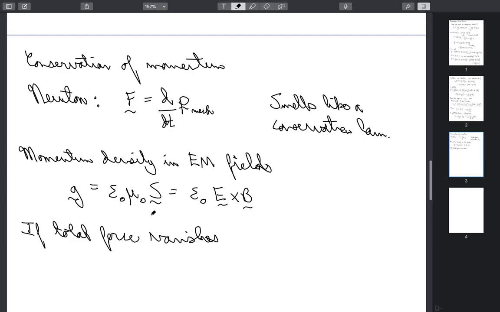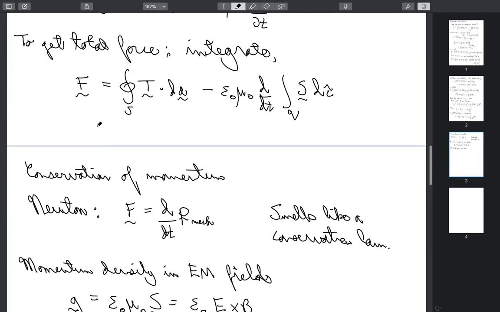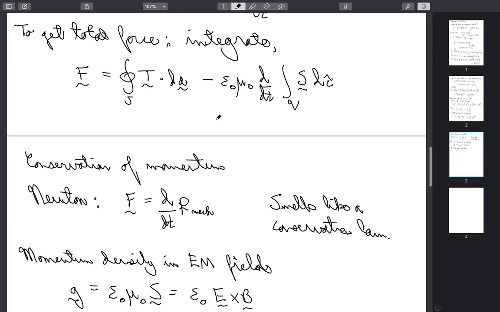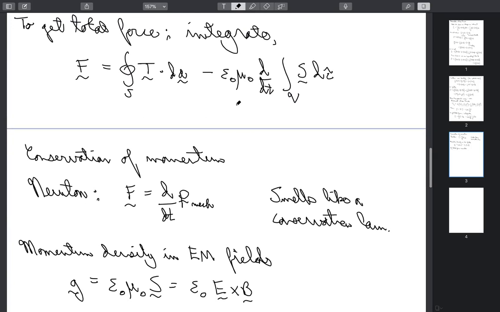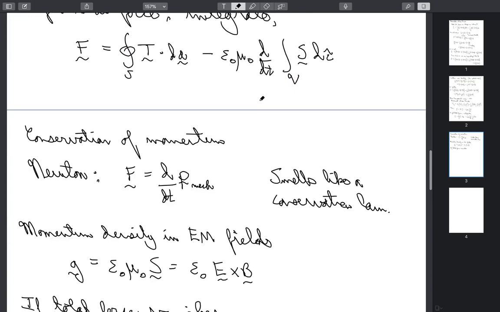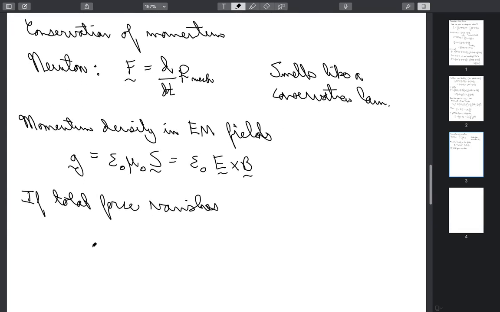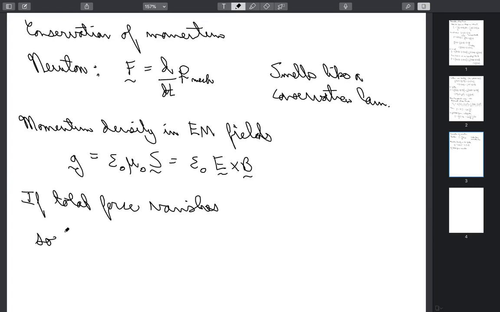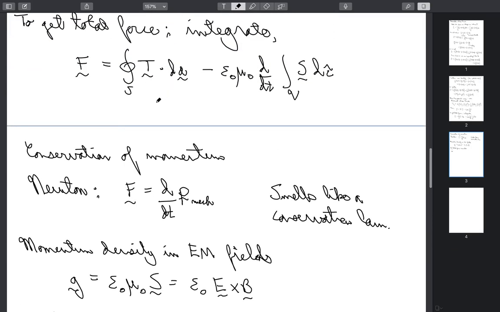So I should set this expression to 0. Let me rewrite everything in terms of some volume integral.